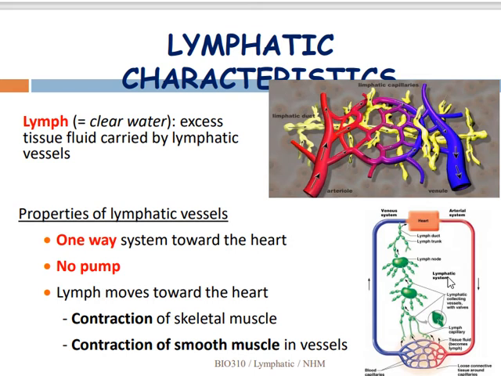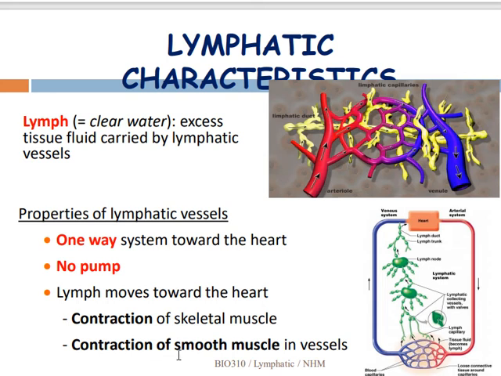So, how does the lymphatic vessel transfer, conveying the fluid, in which they will move the lymph toward the heart by two means. The first one is through the contractions of our skeletal muscle during your breathing or respirations.